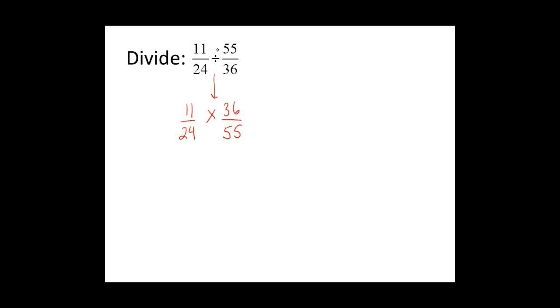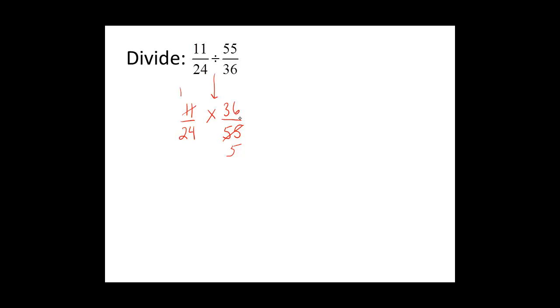Notice we don't do any dividing out when it's in the division form. You can only start dividing out once you've changed the problem to multiplication. I have an 11 in this numerator, and 55 is 5 times 11, so we can divide both of these by 11. 11 divided by 11 is 1. 55 divided by 11 is 5.